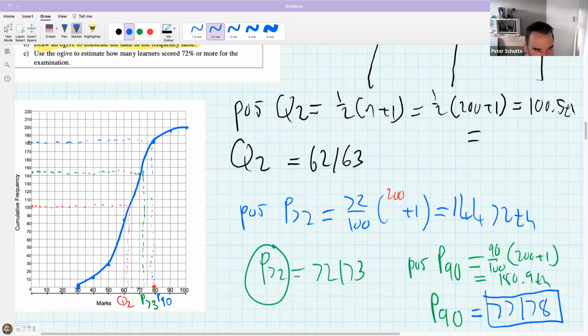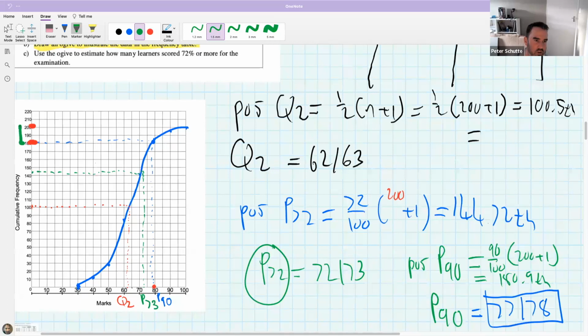So if you know about 180 or 181 students got 78% or below, how many got above 78%? Think about how many students you have in total. If 180 got below 77 or 78, how many are left that could have got above that? I'll give you a bit of a hint here.